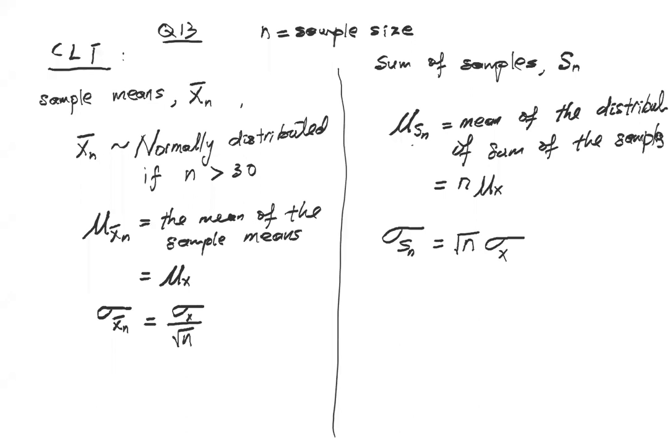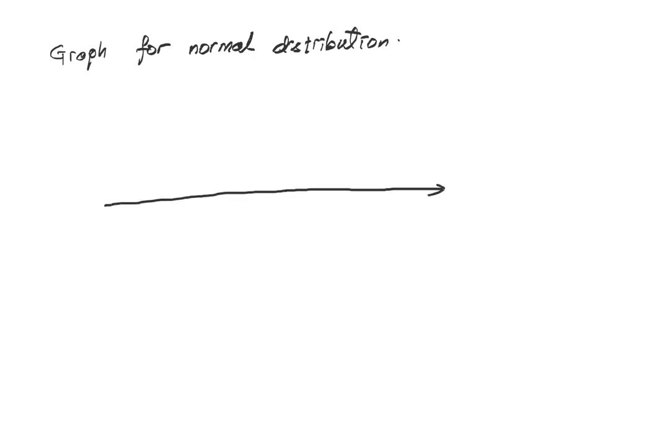Another thing is when you sketch the graph for normal distribution, I revise a little bit. Any normal distribution, it doesn't matter whether it's population or not, you plot like that.